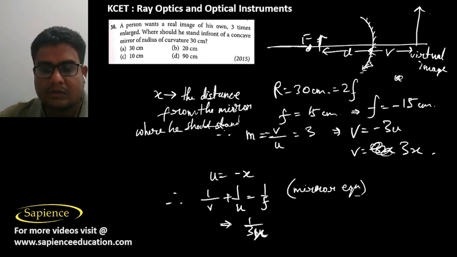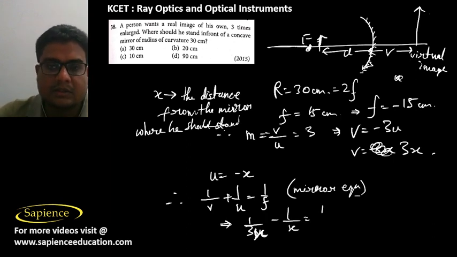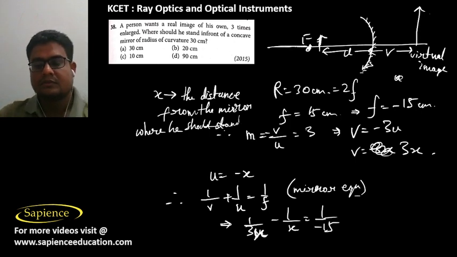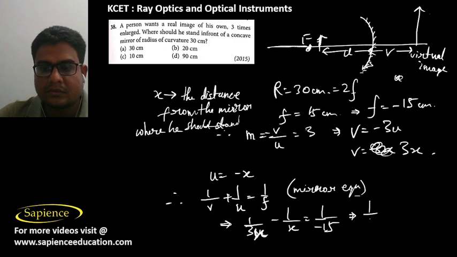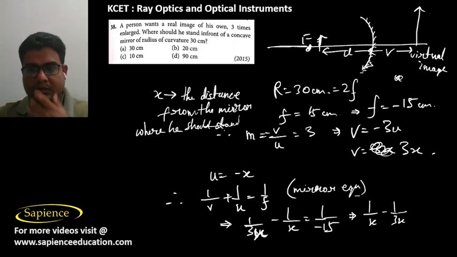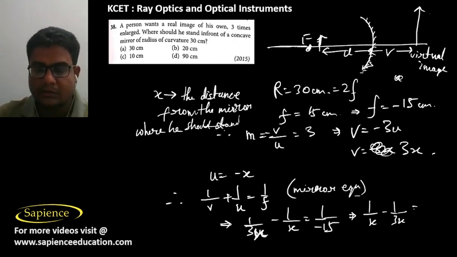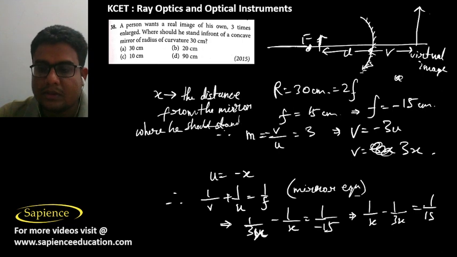So 1 by 3x, then u is minus x, so it is minus 1 by x, that is equal to 1 by f, which is 1 by minus 15. So then we can say that 1 by x minus 1 by 3x is equal to 1 by 15.